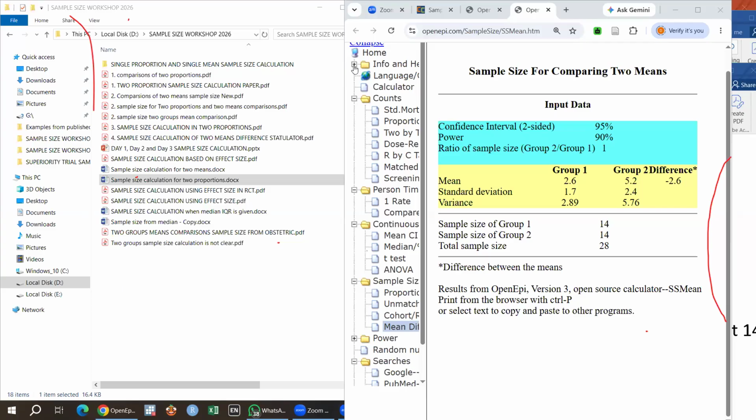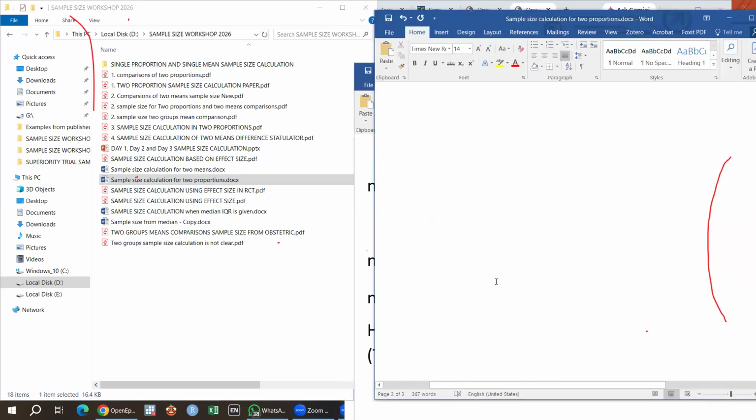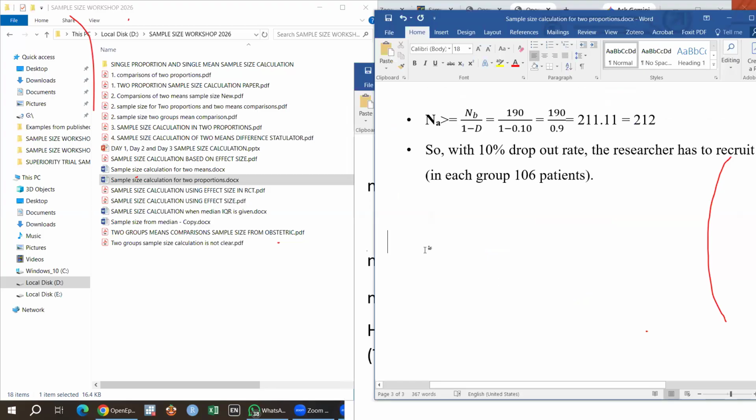Absolute reduction and relative reduction. Okay. I will explain again with a simple example. Okay, I'm opening this file. Here. Suppose my value is 10. Okay.